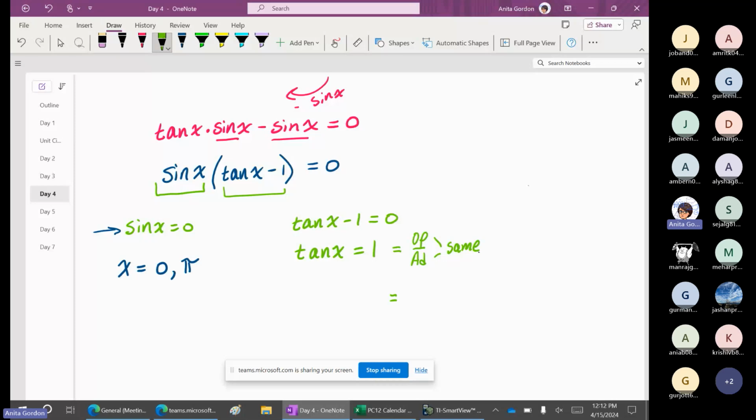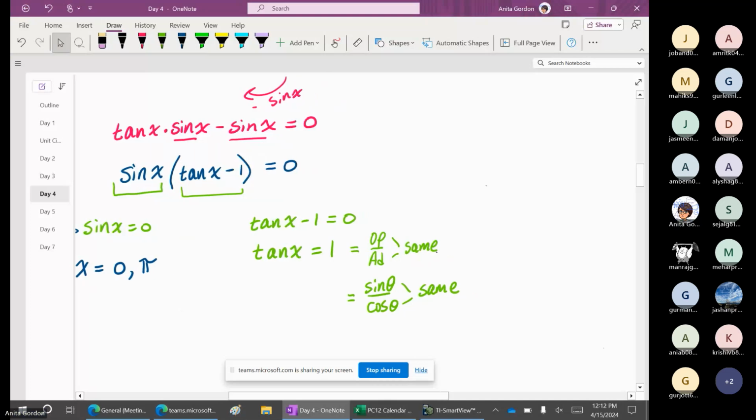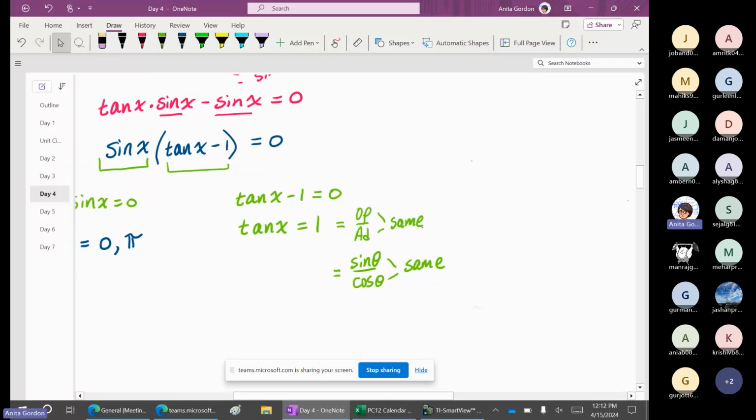Or you can say this is sine over cosine, but again, they have to be the same. Okay, so opposite and adjacent have to be the same. Which triangle has an opposite and adjacent side that are the same? What's my reference angle? Pi by 4. Okay, so pi by 4 is my reference angle.